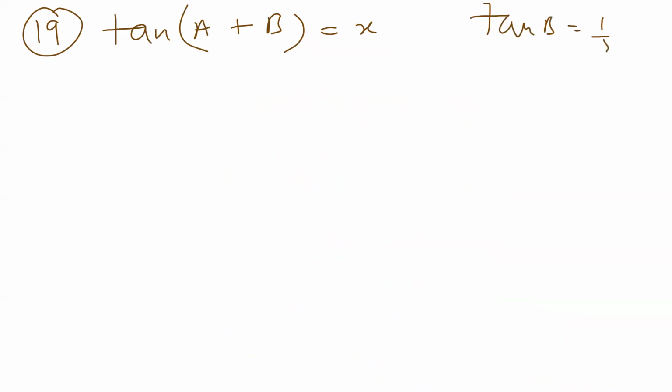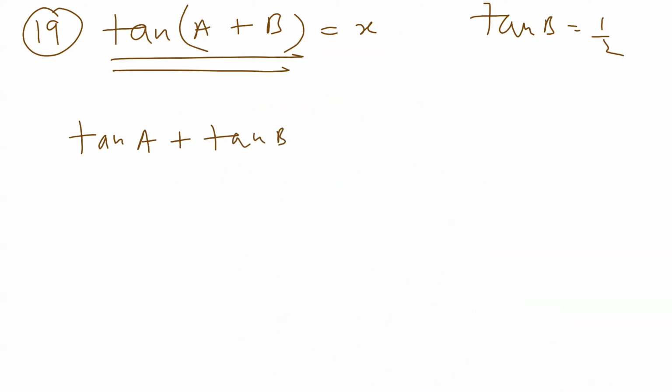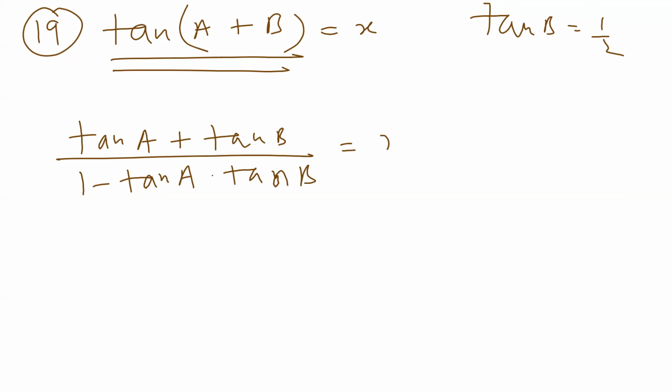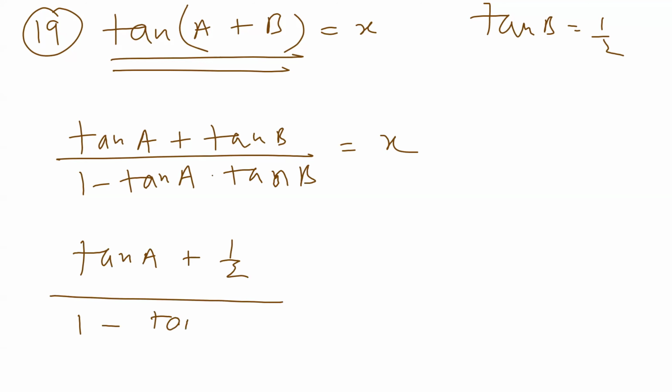So tan A plus B is tan A plus tan B upon 1 minus tan A tan B is equal to X. So tan A plus half upon 1 minus tan A into half, right? I think I'm copying correctly. Yes, correct. On the left hand side, take LCM.